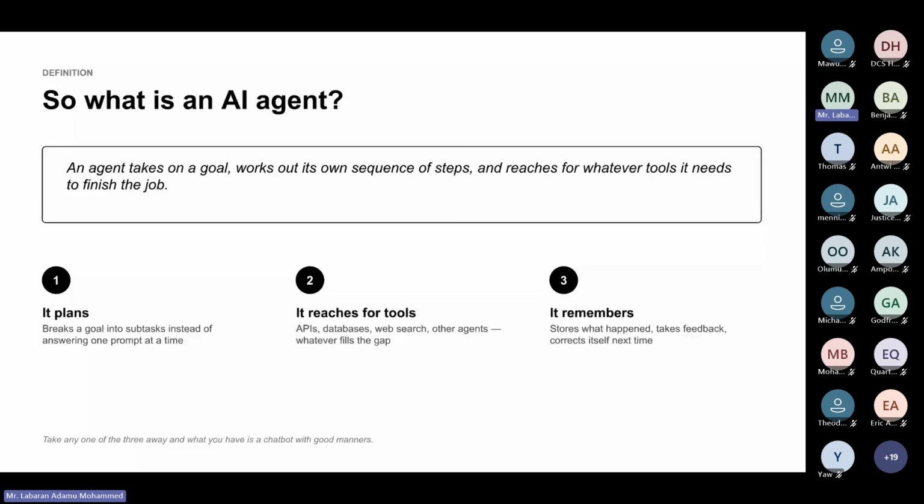How do I do that? Are there tools or packages I need to do that? Okay, it reaches out for tools, maybe the packages that will help it reach the server. That's the planning phase.